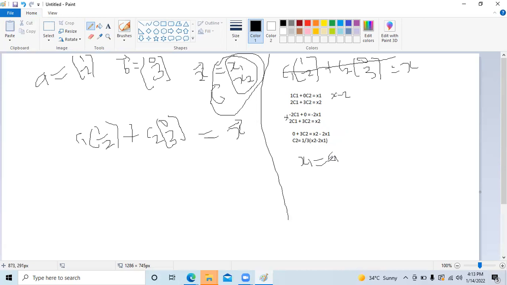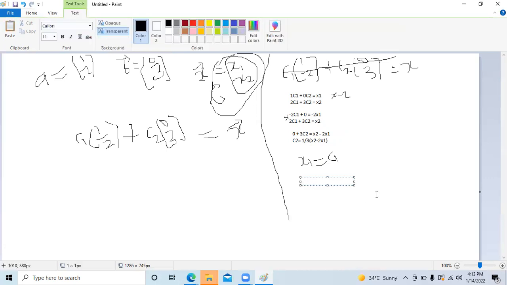So if we bring it into this equation, we have C2 equals 1 over 3 in brackets x2 minus 2x1, then C1 equals x1.